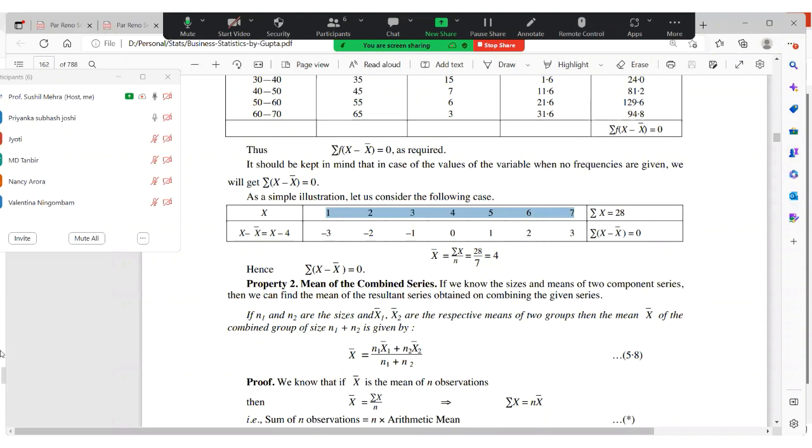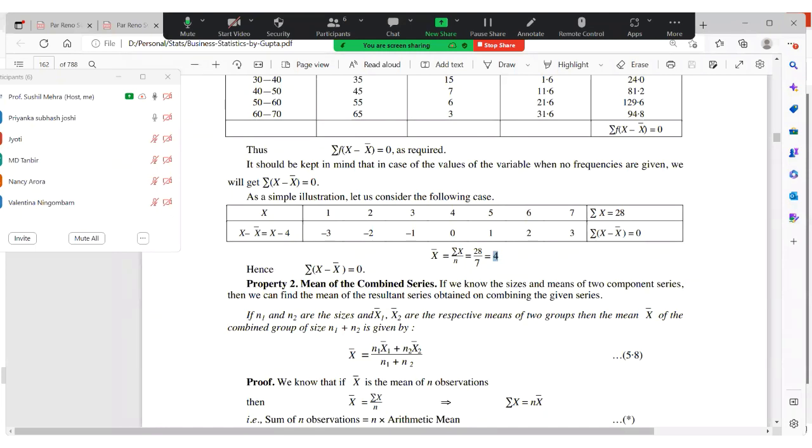Mean of these numbers is adding 1, 2, 3, 4, 5, 6, 7 divided by 7. On adding all of this, we get 28. 28 divided by 7 is 4. So mean is 4. Fine. Now take the deviations from 4.